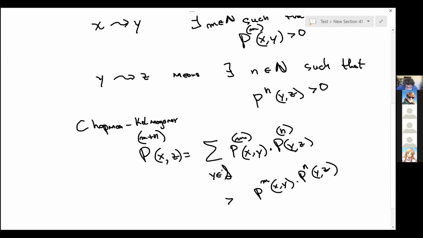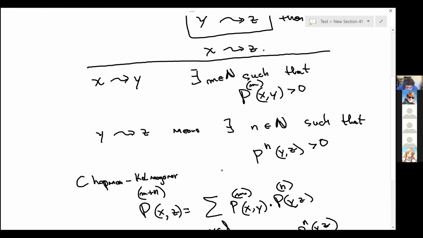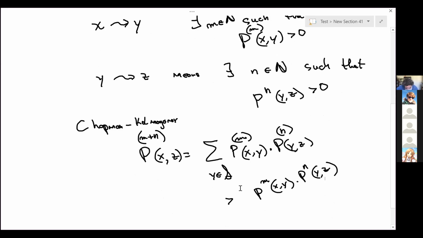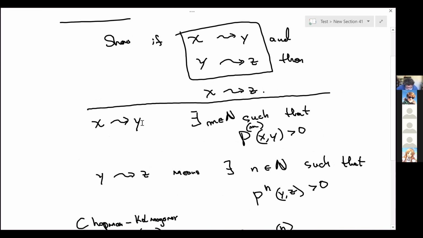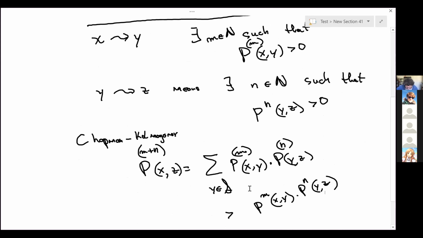Let me see if I'm doing this right. Yeah, okay, so it's a little confusing. Y is some intermediate state in this Chapman-Kolmogorov, but in what we're doing, Y is just the place you're going to on the way to get to Z, right? So Y is an intermediate state, and I'm saying that this product would be bigger than this if you just pick one of the terms. Why? Because everything is nonnegative here.